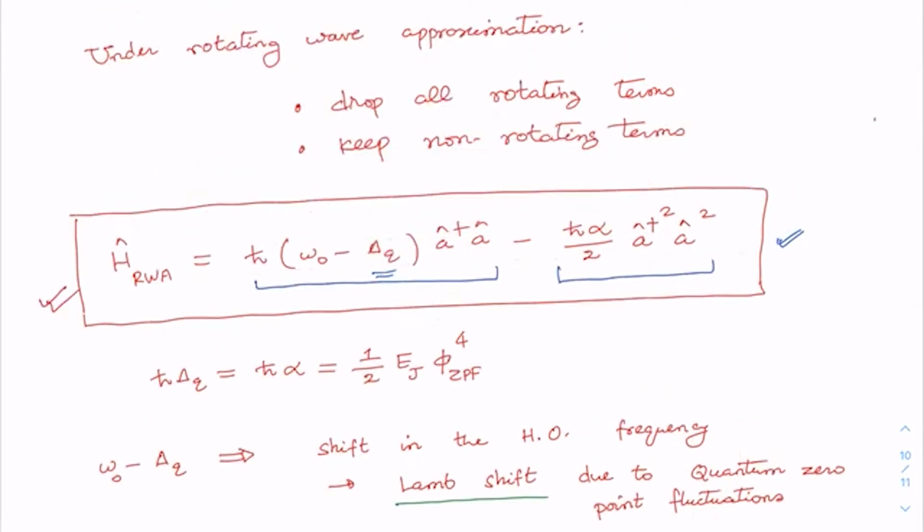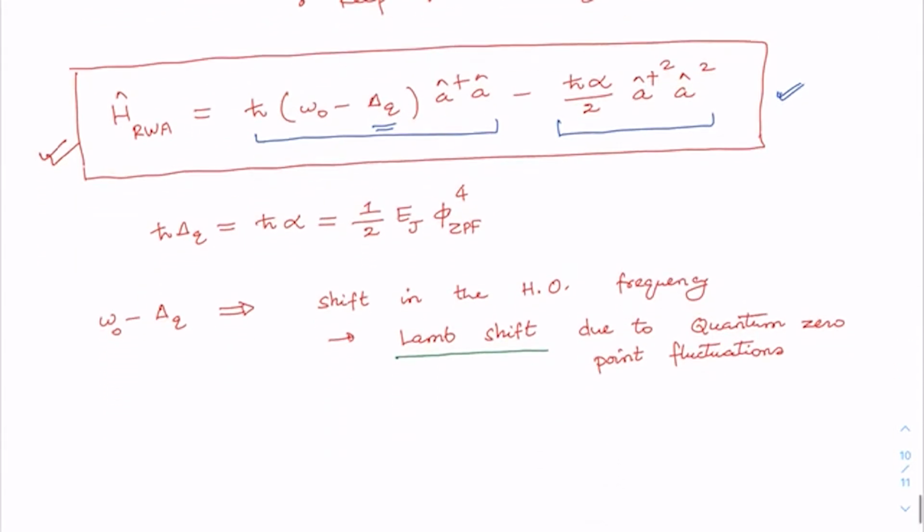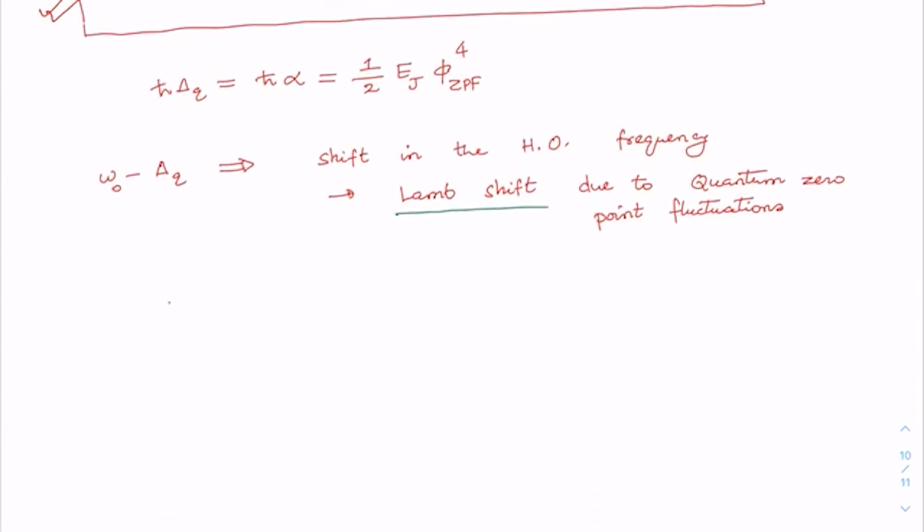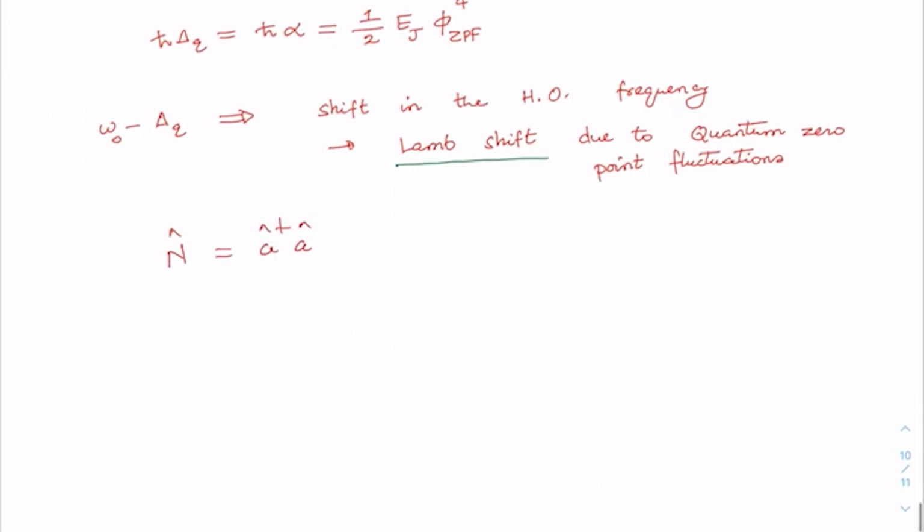We can rewrite this Hamiltonian in terms of the number operator N equal to a dagger a as follows. H RWA is equal to h cross omega q n cap minus h cross alpha by 2 n minus 1.